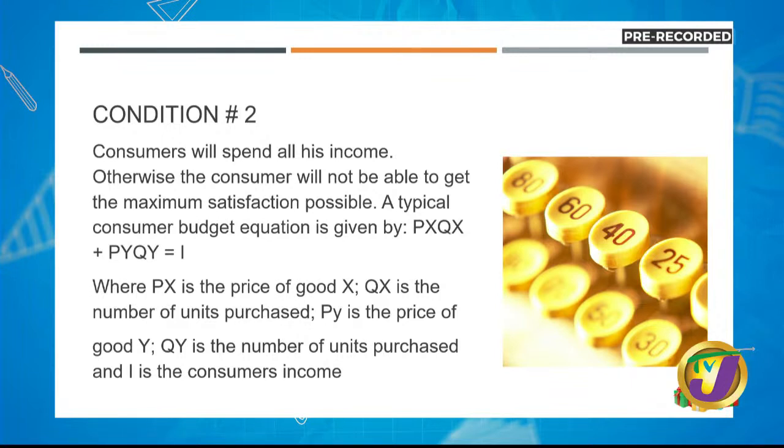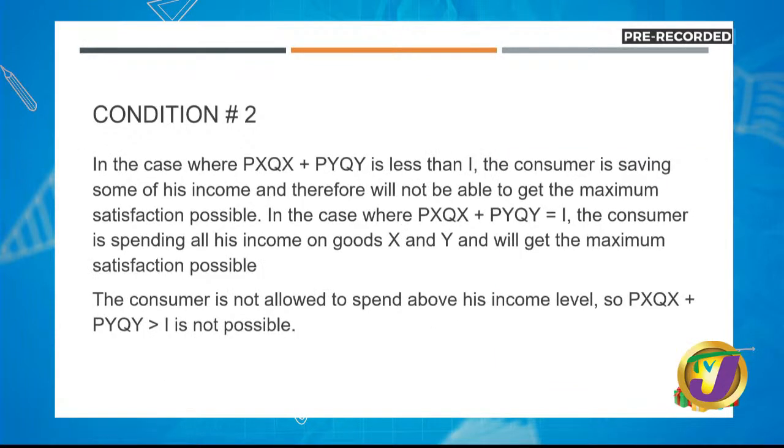Now, if the consumer has money left over when they have purchased a certain quantity of both goods, it means that the price times quantity of one good plus the price times quantity of the other good is less than income. And that means that the consumer is not being rational. They're not maximizing their satisfaction. To maximize satisfaction, you must consume both goods until you're indifferent. That's one condition. And also, you must spend all of your income.